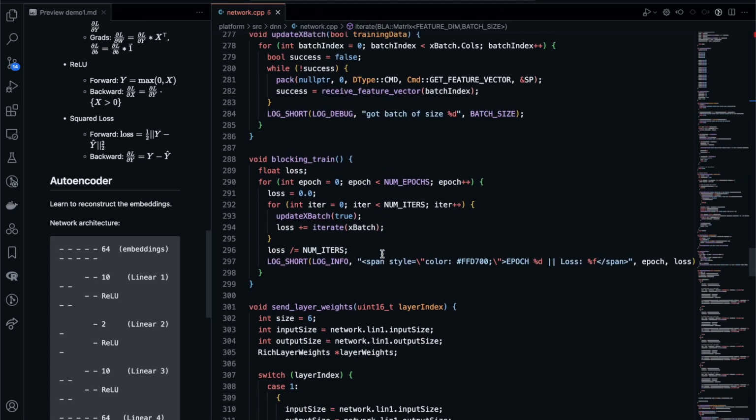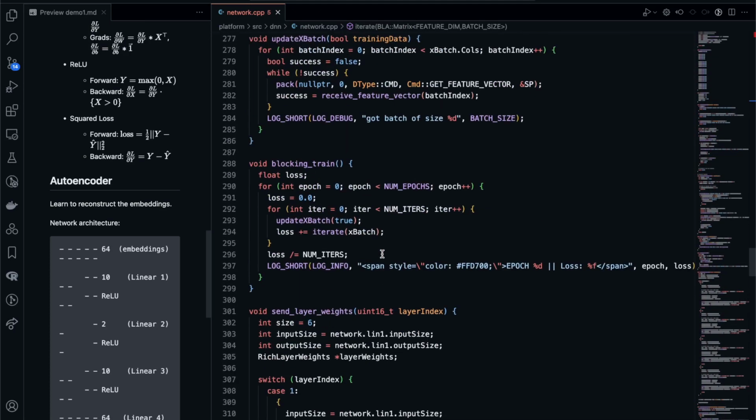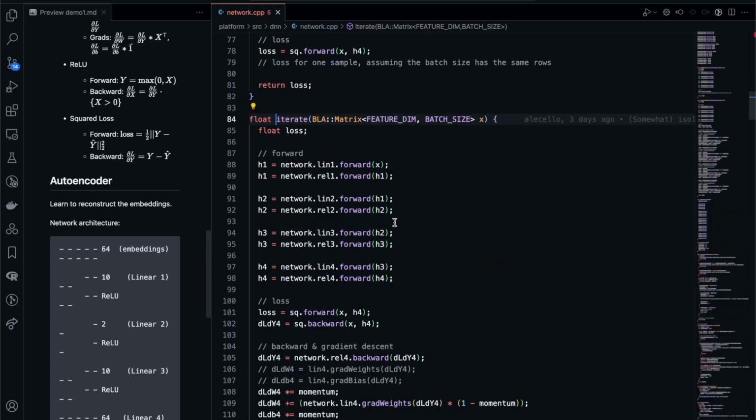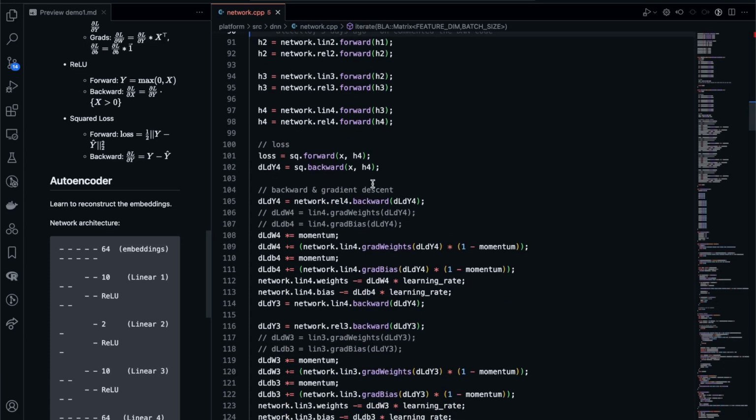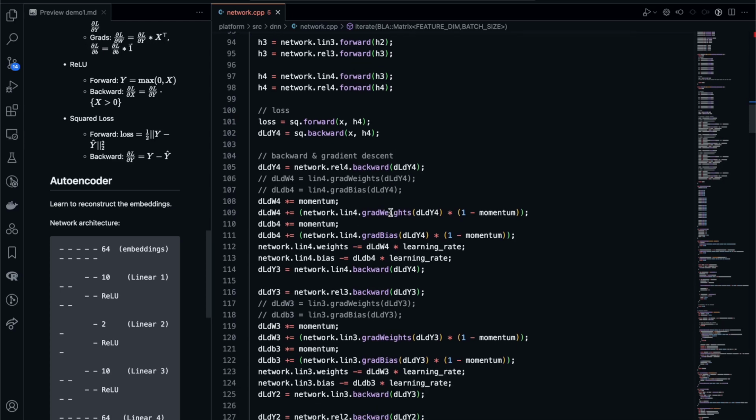Then we would move on to the training function down below, where we iterate over the epochs, and for each batch we receive a batch through the serial, which would be an embedding, and perform the forward and backward propagation. Forward involves feeding the input through all the layers, and the backward involves computing the gradients and propagating them back.